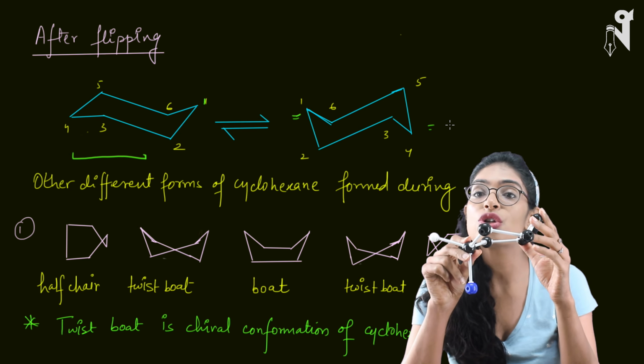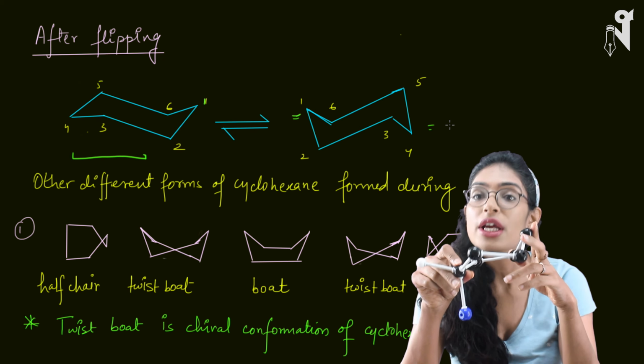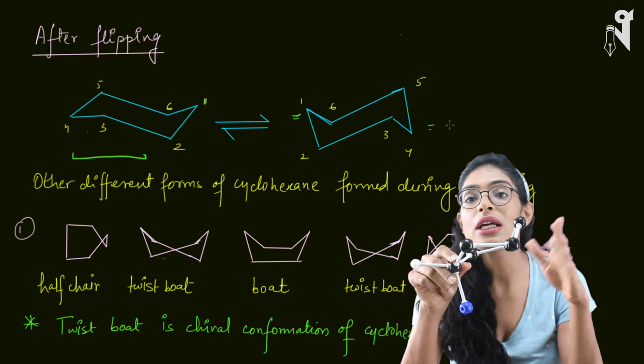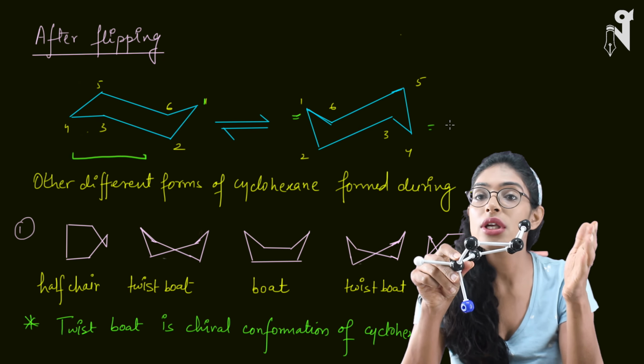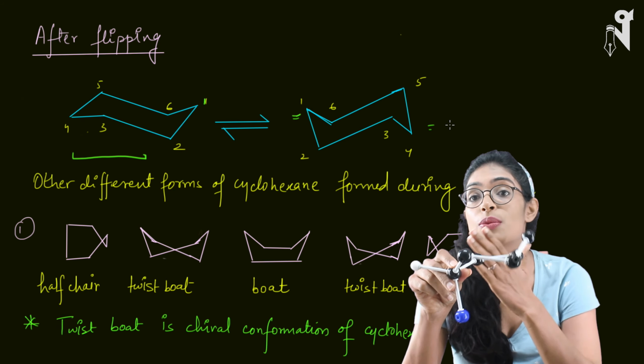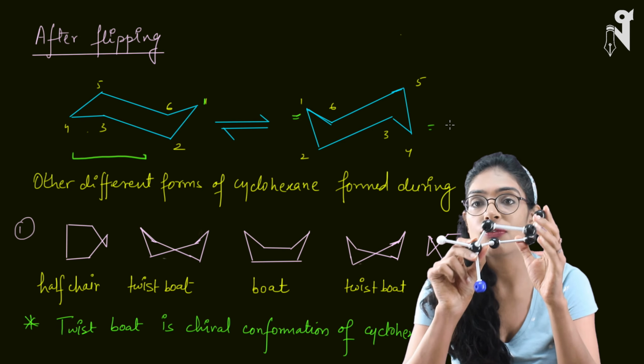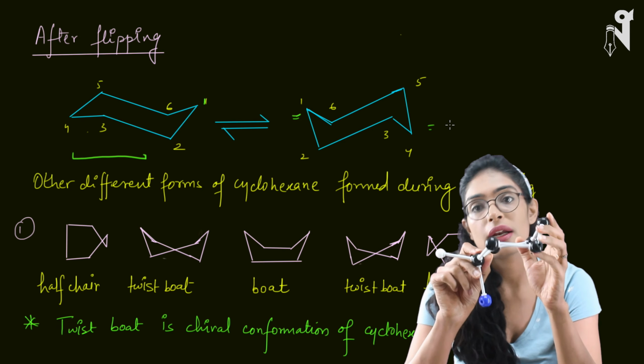Basically, all axial positions become equatorial positions and all equatorial positions become axial positions. Whatever is present in the equatorial position will go to the axial position, and whatever is in the axial position will go to the equatorial position. You have to remember this, and we will be using this concept again and again.